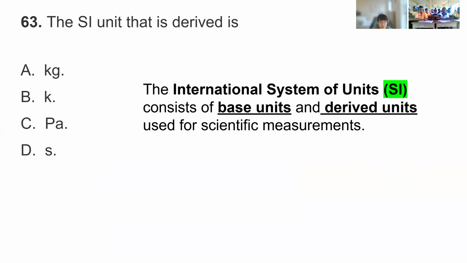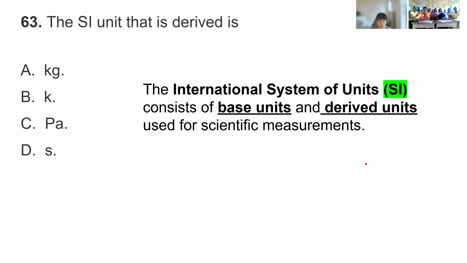So this last question and this last topic asks us to find the SI unit that is derived. So we did not learn this yet, but the International System of Units, the SI units, consists of base units and derived units used for scientific measurements.